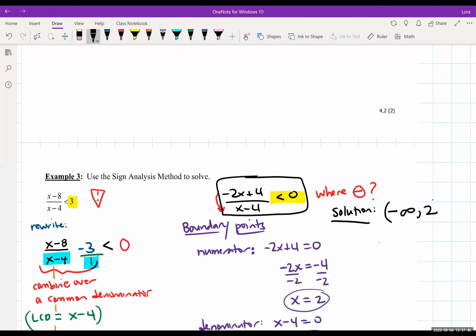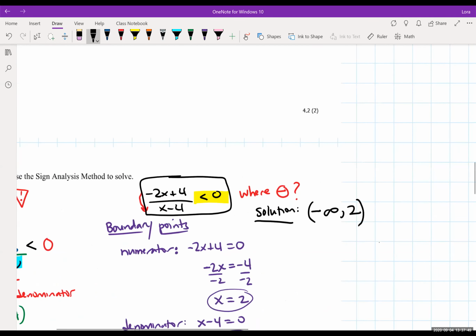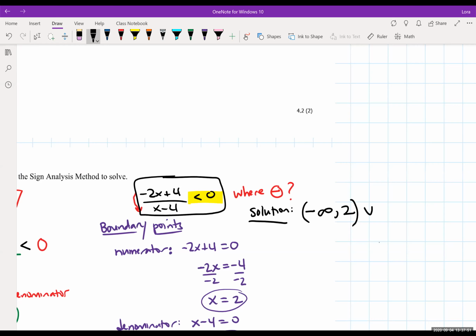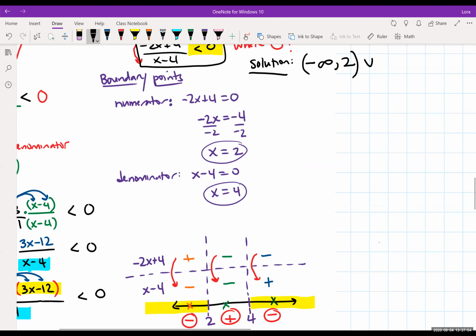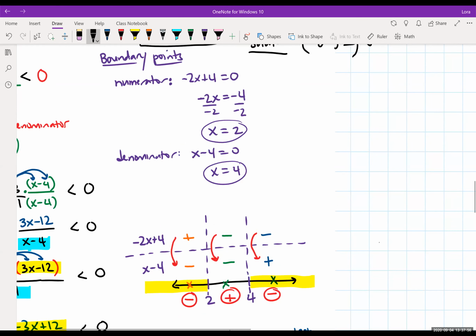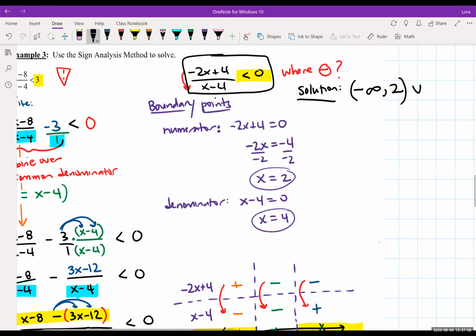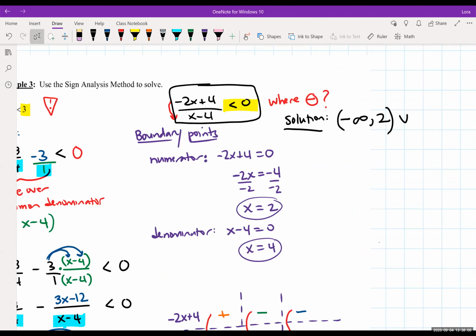We're always going to use parentheses. We have a jump, so we're going to go with a union, and then start up again at 4 to infinity. Sorry about that. Hope you didn't get dizzy. And now we have the solution to example 3.